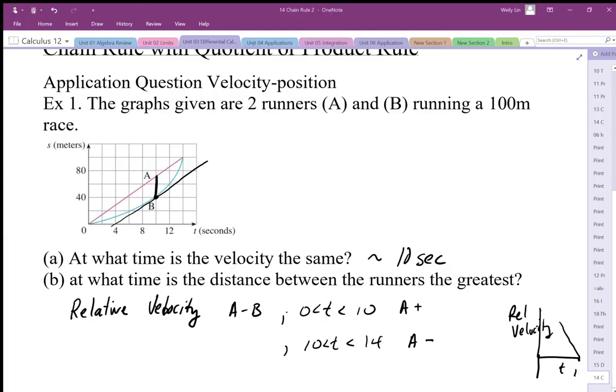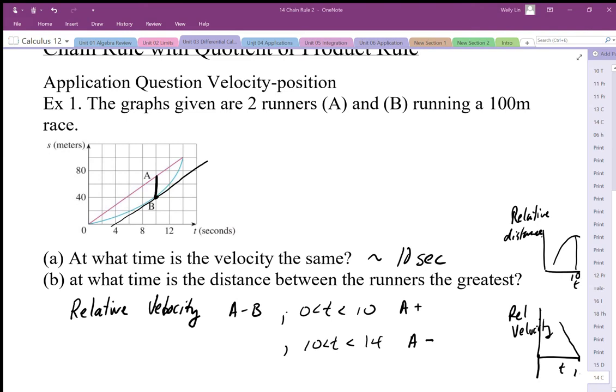And if we were to plot a distance time graph for that, we know that it's going to look like this. So the relative distance, and I'll write this as relative distance, is going to be maximum at t equals 10. So that would be what the graph, this is relative velocity, that's the relative distance.